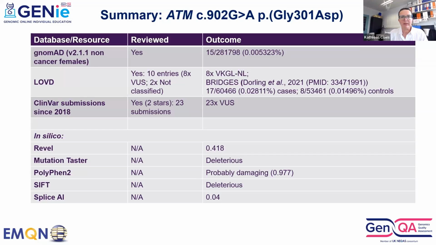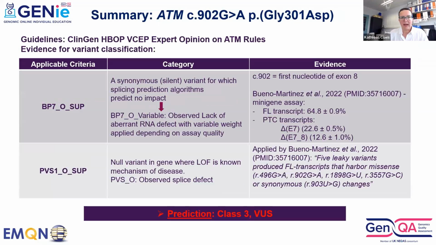Next slide, please. This is about the evidence that we have been discussing amongst us and which evidence we would apply. And we agreed that we could apply BP7 at a supporting level.